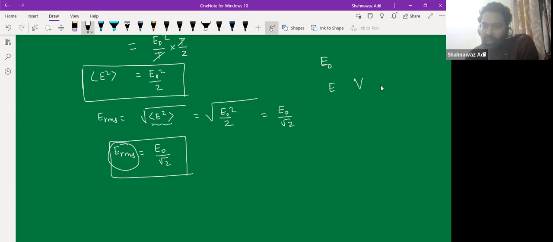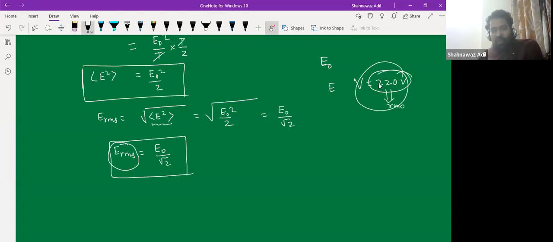This voltage 220 volt is the RMS value. So always remember that in every AC supply, we mainly talk about this RMS value, and this RMS value is related with this peak value.